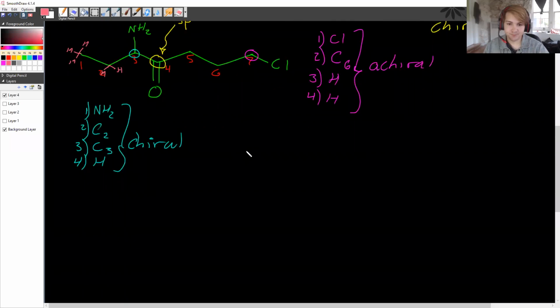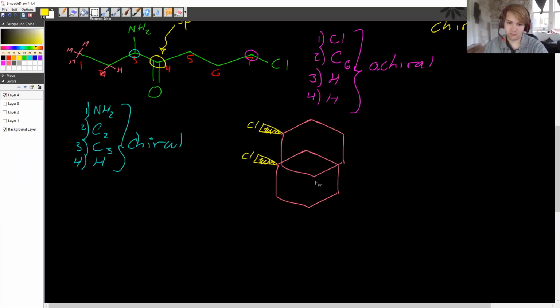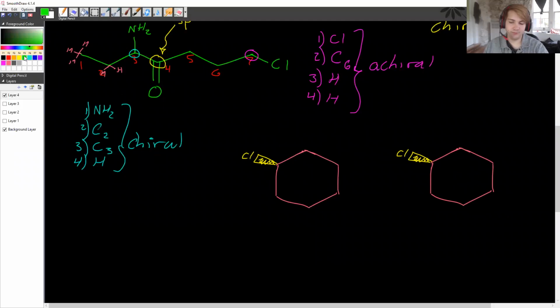So just because a carbon is not labeled wedge or dash does not mean that it cannot be chiral. One last example to talk about. Let's compare these 2 molecules. For this molecule over here, what we notice is that we have a potential chiral center.